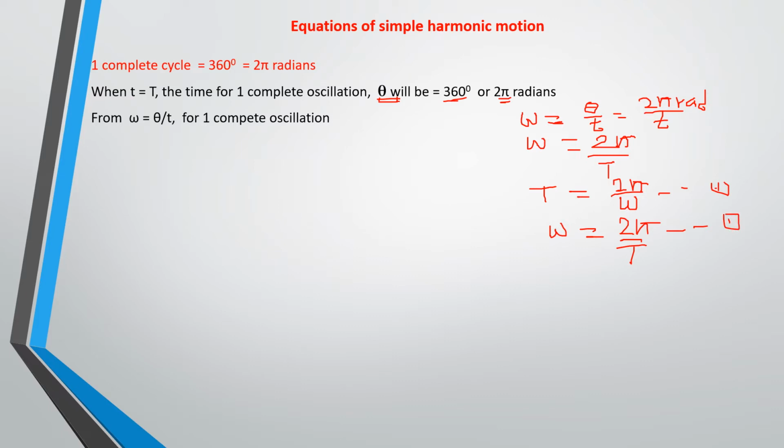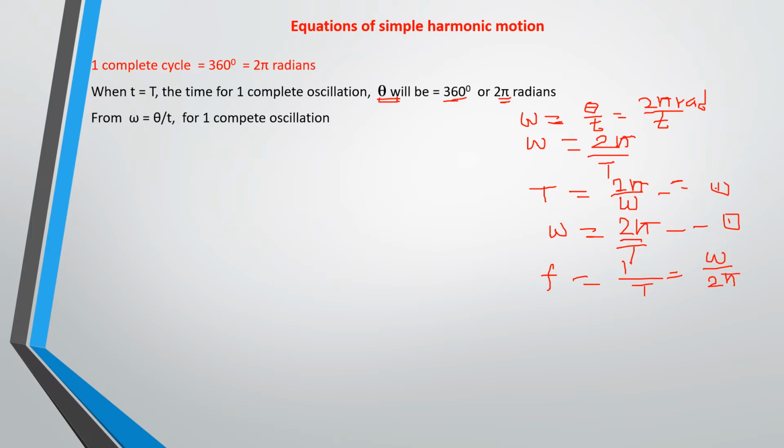Now, having known this, we know that frequency is equal to what? 1 all over period. Is that not? So which means that frequency will be equal to omega over 2 pi from the above equation.